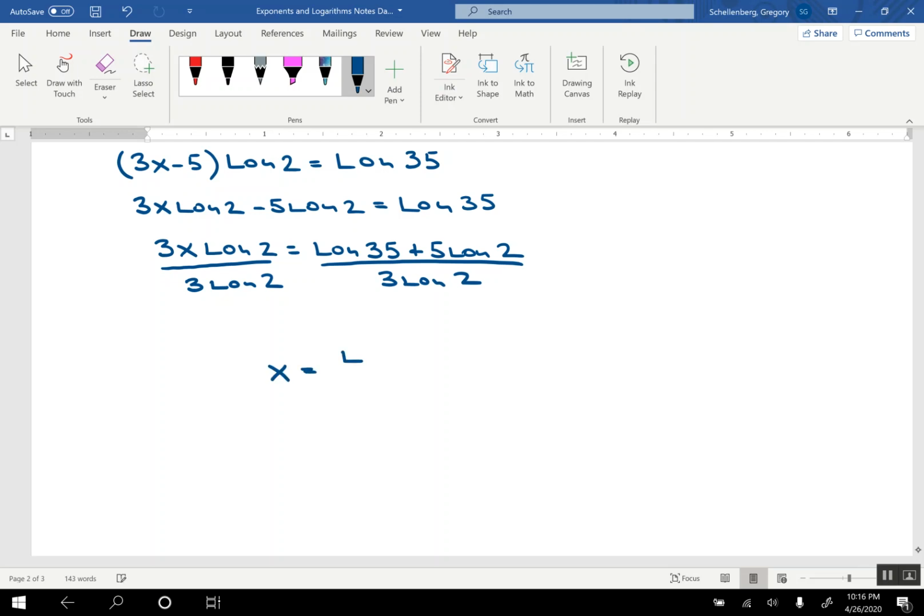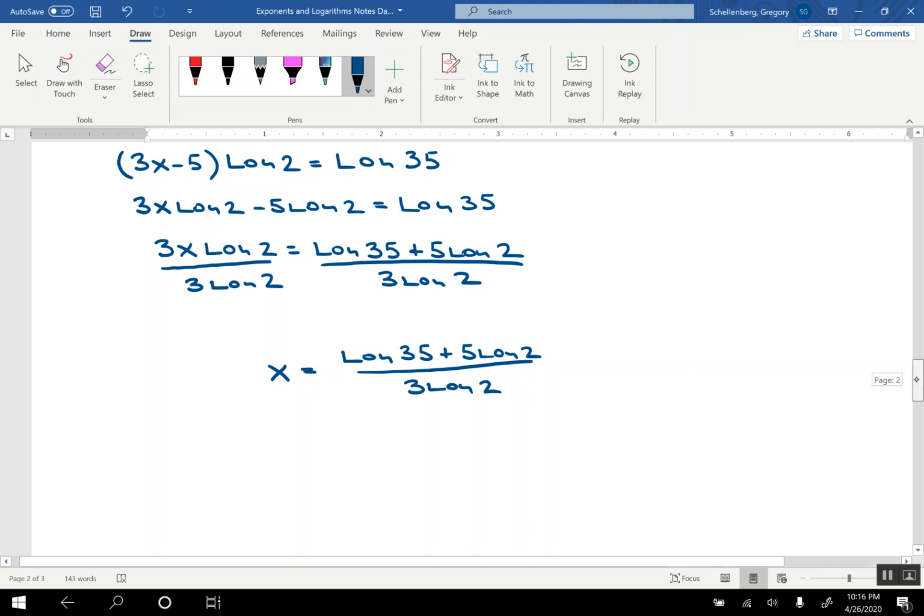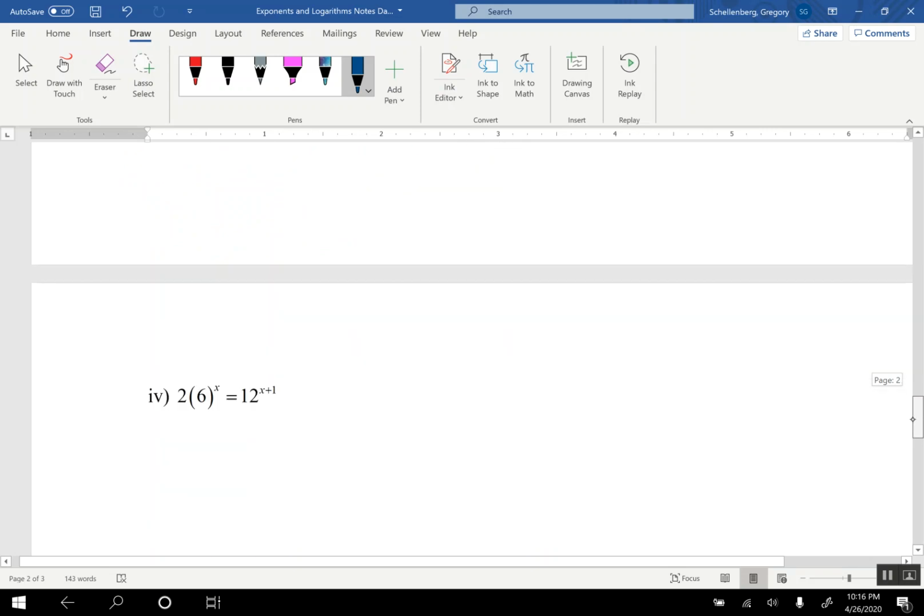So x is equal to the log of 35 plus 5 times the log of 2, all divided by 3 times the log of 2. Okay, leave it like that as an exact value, or you can plug that into your calculator. Okay, just a couple more here.